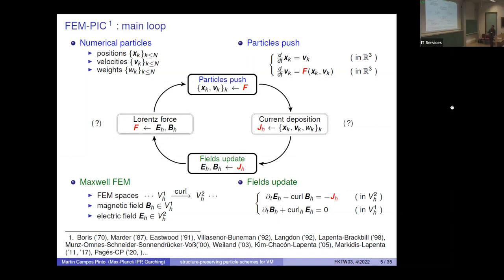And you will have another discrete relation for the Faraday equation, where this curl operator will have in general to be discrete. You cannot take the true curl of a field here and go back to this space. You can take the true curl in this direction, but you will have to take a discrete curl to go in the other direction. So there are two different curl operators.